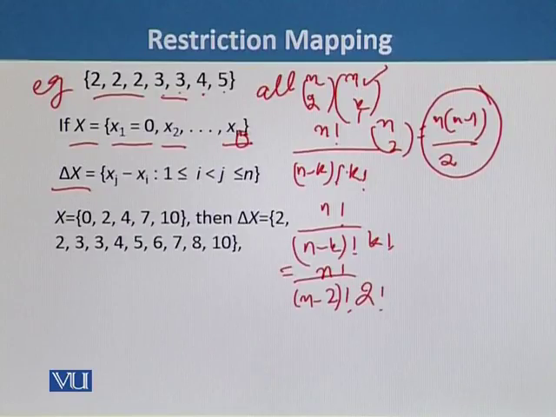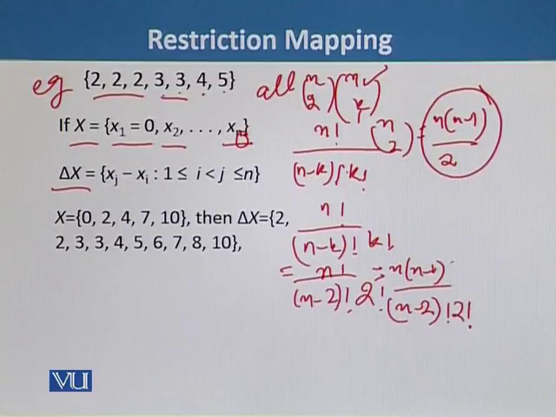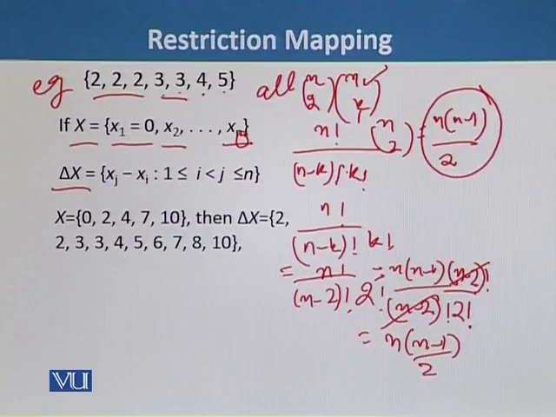We can cross multiply, and n minus 2 factorial will be cancelled, and we will be left with n times n minus 1 divided by 2 factorial. So we can formulate it this way.